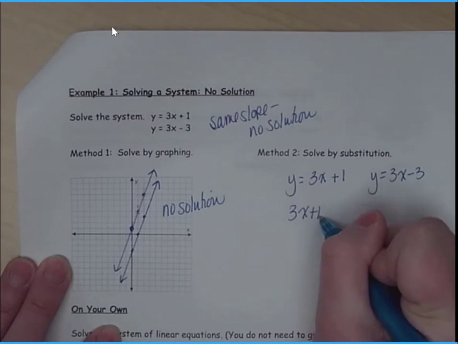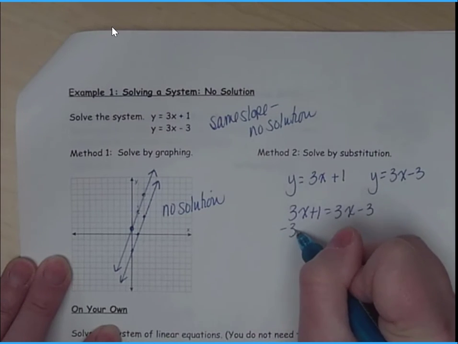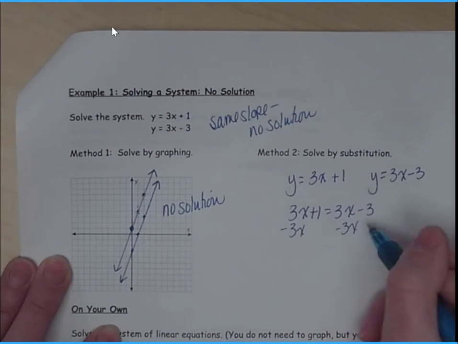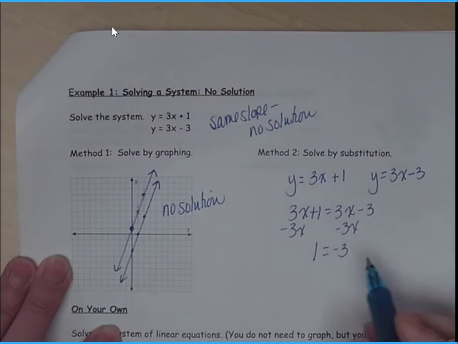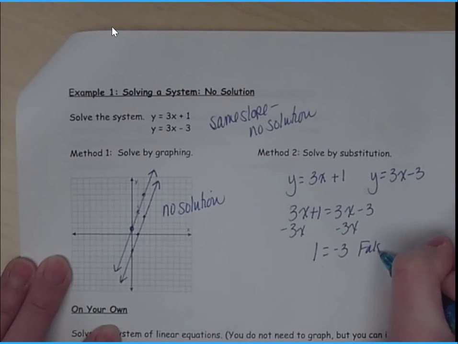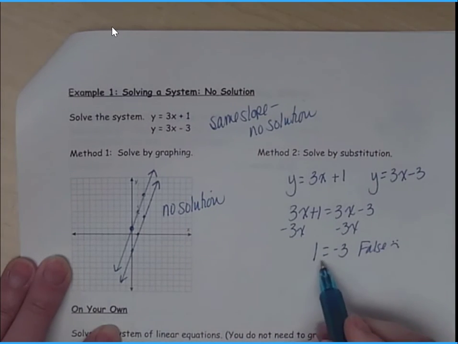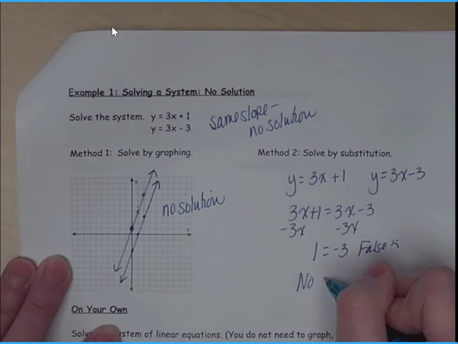So I have 3x plus 1 equals 3x minus 3. So I'm going to get x to both sides. Uh-oh, those cancel out, leaving me with 1 equals negative 3. And this is not a true statement. This is false. And if I end up with a non-true statement, my answer is no solution.